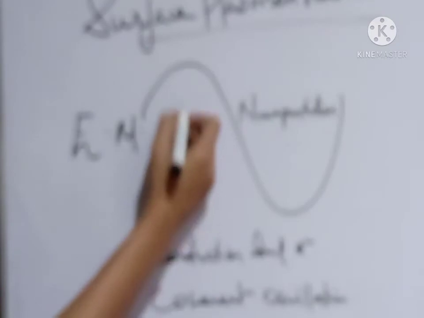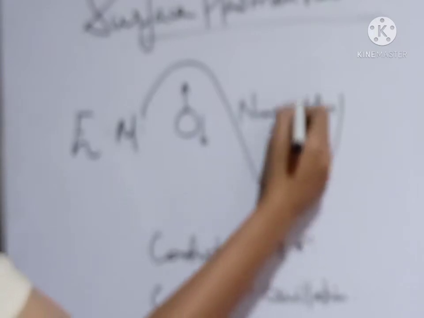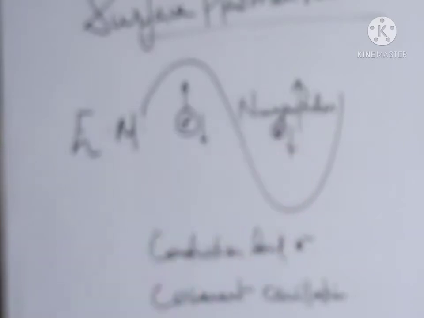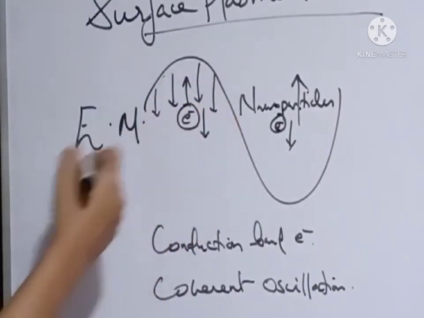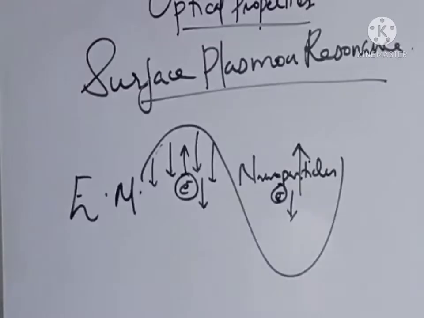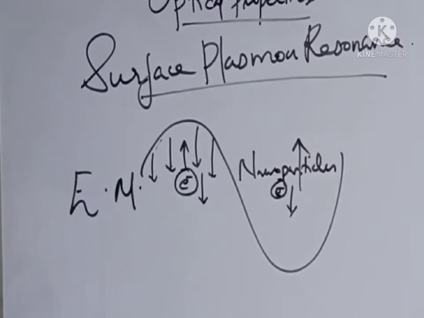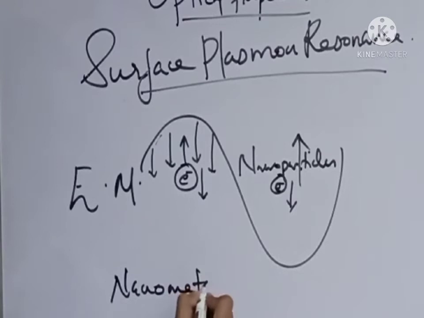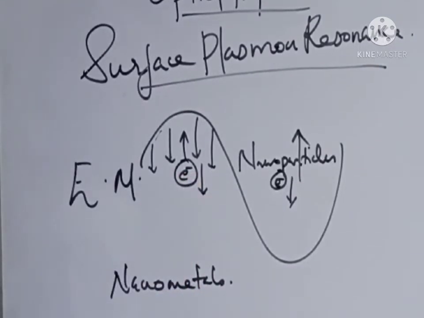So we can define surface plasmon resonance as the coherent oscillation of conduction band electrons upon the interaction with electromagnetic radiation. Usually this process happens in nanometals, so we can say this is the property of nanometals.